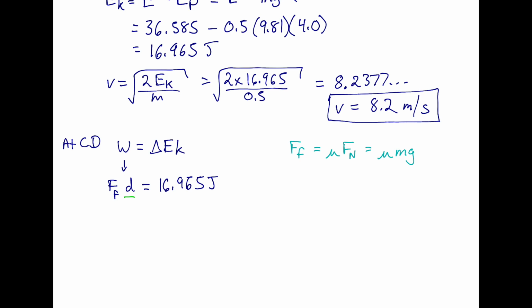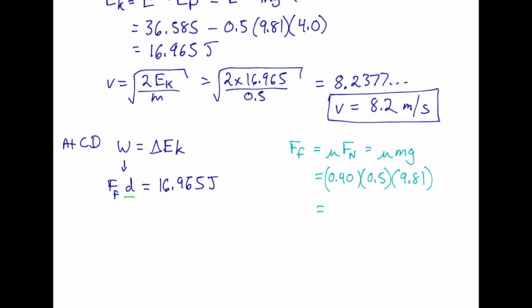And all of these numbers are known to us. So the force of friction will be 0.40, because that's the mu given in the question, and we have 0.5 times 9.81. So we can just throw all those numbers in, and we get newtons of force.